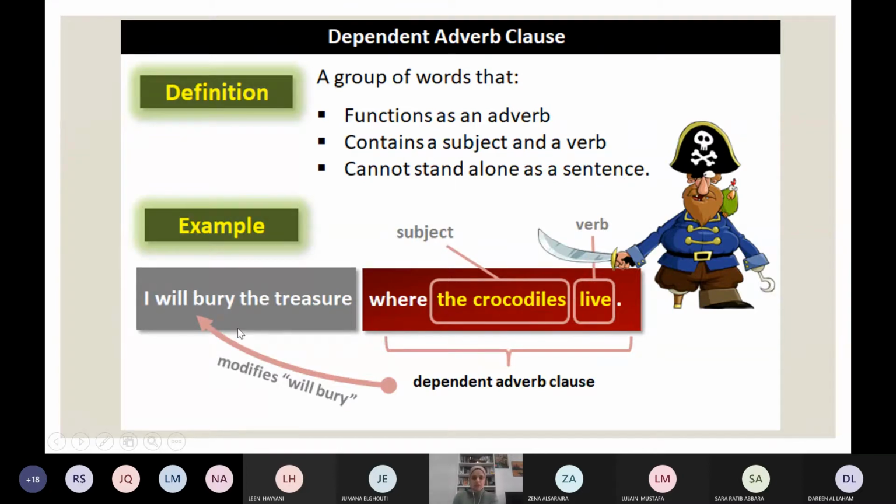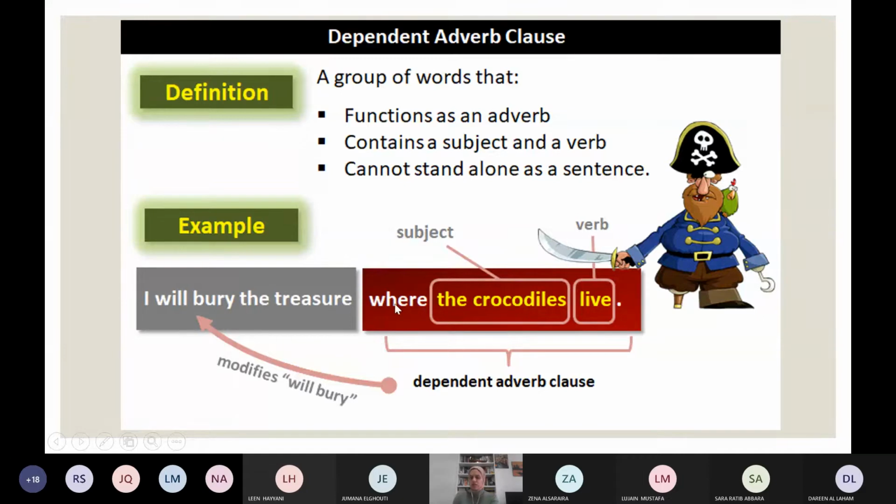So when I look here, I will bury the treasure. I understand it, independent. Where the crocodiles live. What is this? Let's look at the sentence. I have crocodiles, subject. I have live, verb. So it is a clause because I have a subject and a verb. Which kind of clause? Let's see. It starts with who, whom, whose, which, or that? No. It comes after a noun? No. So let's think.